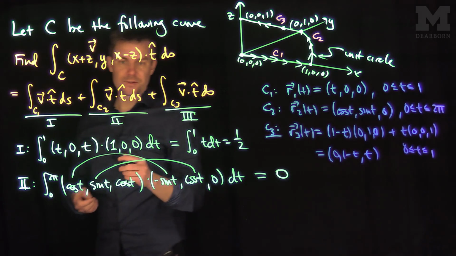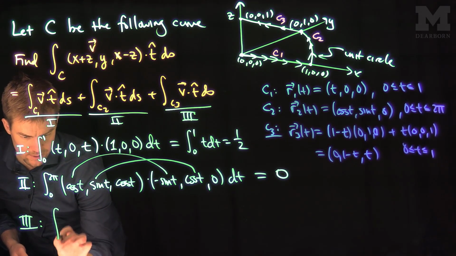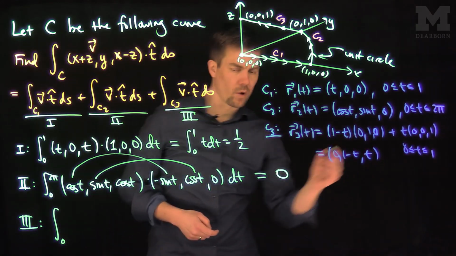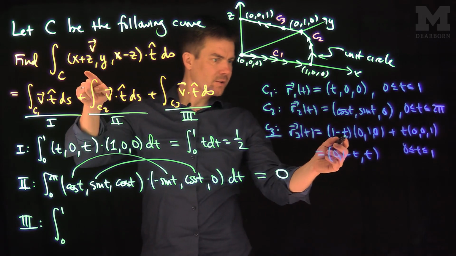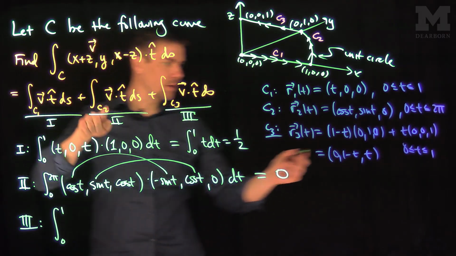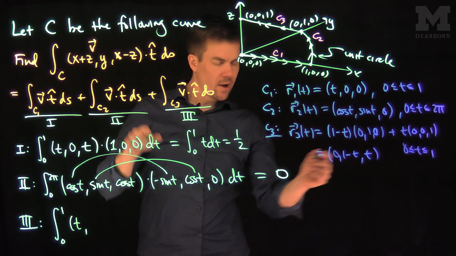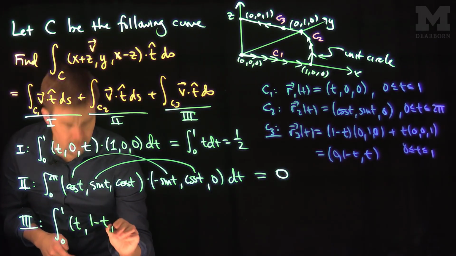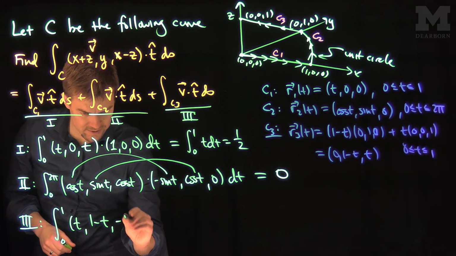Okay? And finally, let's look at number 3, the contribution of 3 to our flow integral. It's going to be the integral from 0 to 1 again. Now what is x on this curve? x is 0. The z is now t, so that's going to be a t for x plus z. Then I have y, which is 1 minus t. And then I have x minus z, which is 0 minus t, so a minus t.